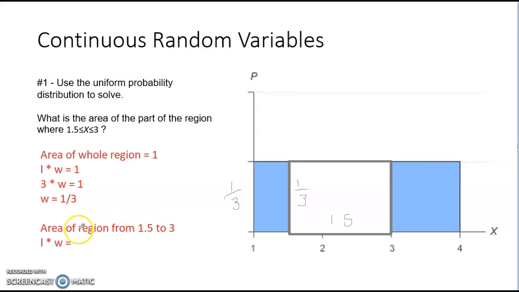Now you can find the area of that region by multiplying your length times your width. I'm going to type this out on the board so that it's a little bit more clear. It would be good to convert both of our dimensions to fractions. So 1/3 times 1 1/2, or 3/2. That's another way to look at that. And I'll let you finish this one up. So this area where x is between 1.5 and 3 is going to be equal to 1/3 times 3/2.